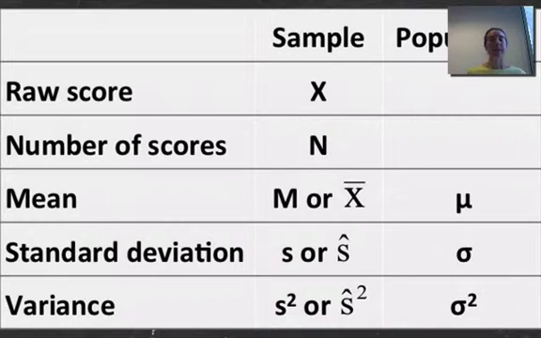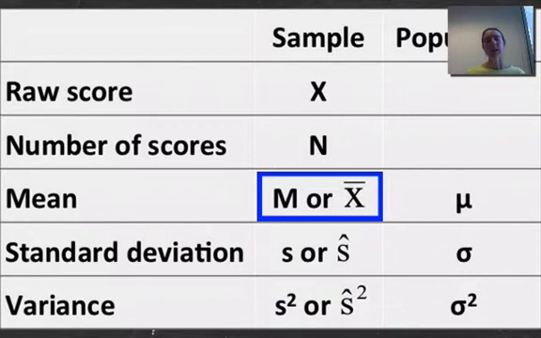Now, in the formulas that we talk about today, X indicates the raw score. With the bike example I talked about last time, the raw scores are the distances of each of my training rides. N indicates the number of scores. In the example, I had 20 different scores. Mean, we're going to notate as either an M or what's called X bar.